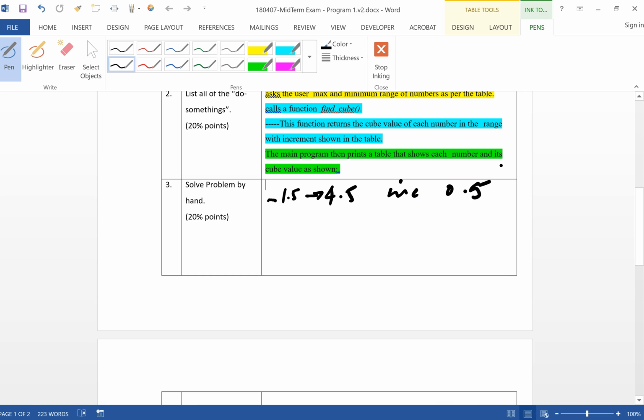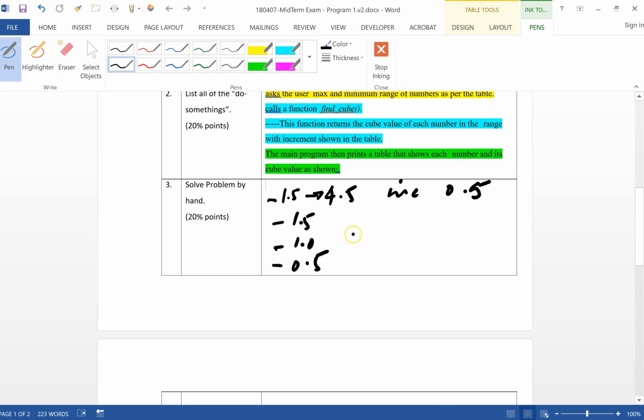Okay, so as we know, starting with minus 1.5, we add 0.5, which is the increment. So the next value is minus 1.0, another value is minus 0.5, and so on and so forth. We can go all the way up to 4.5 by adding 0.5 to each successive value.